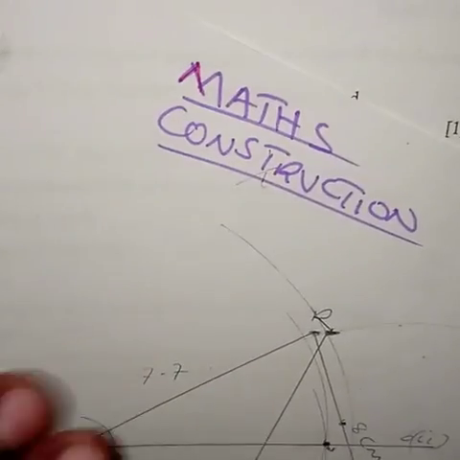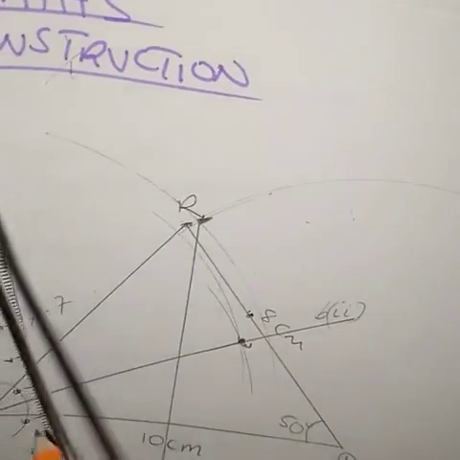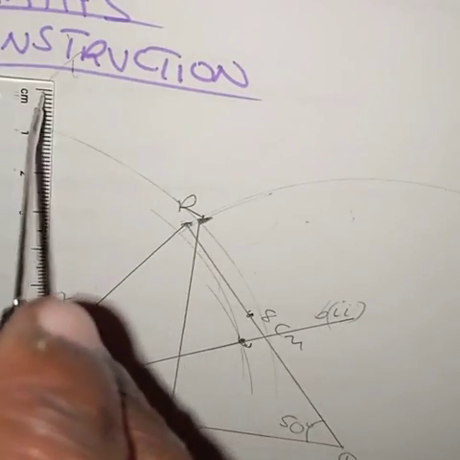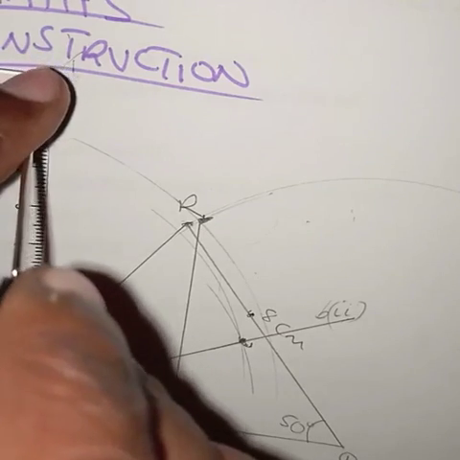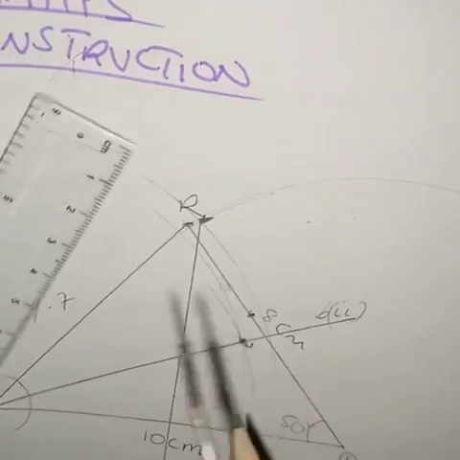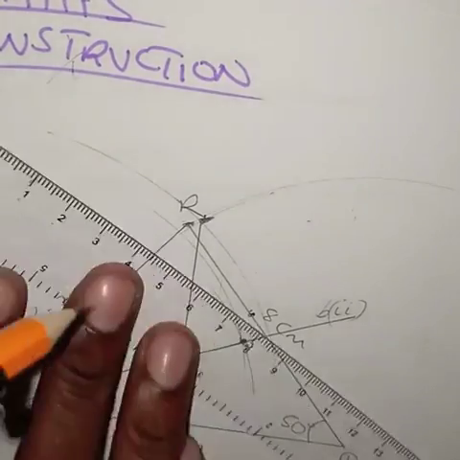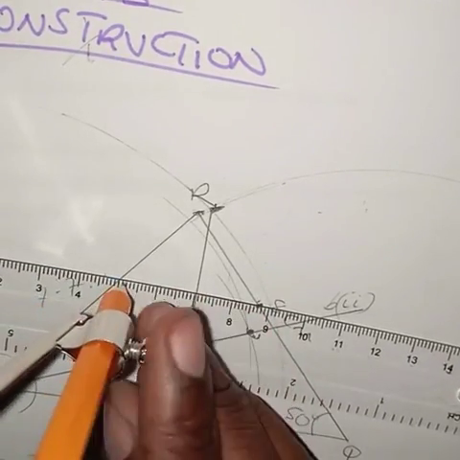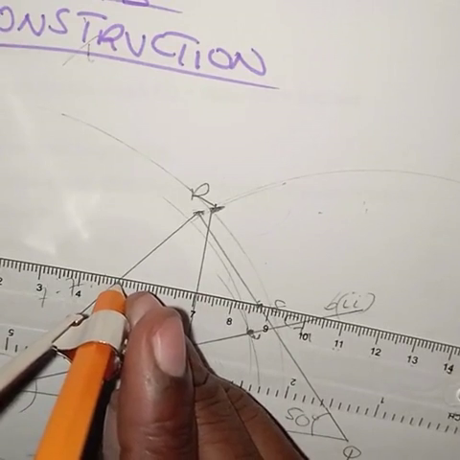Let me place it here. This is my 0, then my 5. I lower it. This is my 0, my 5 is there, right?